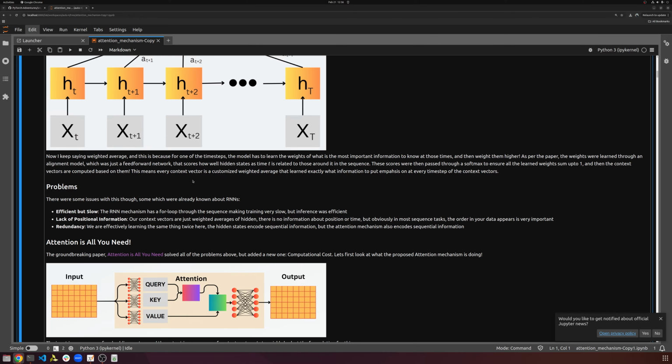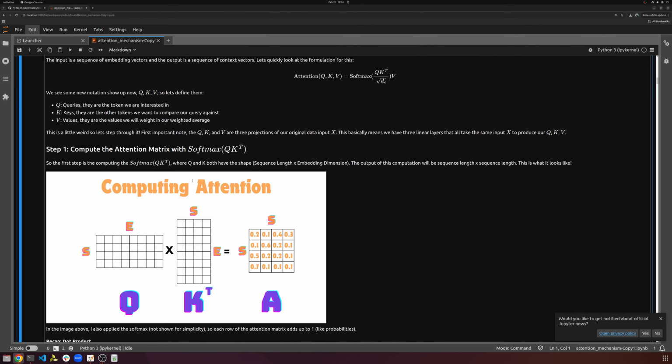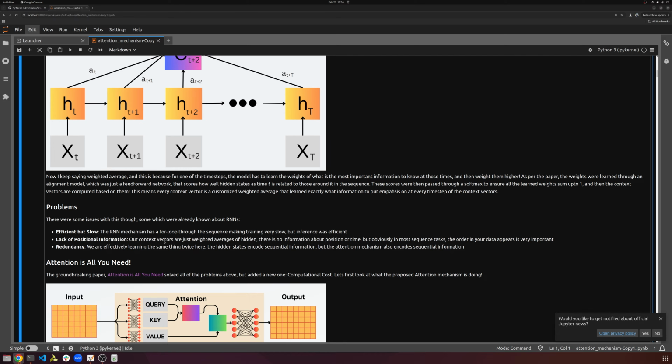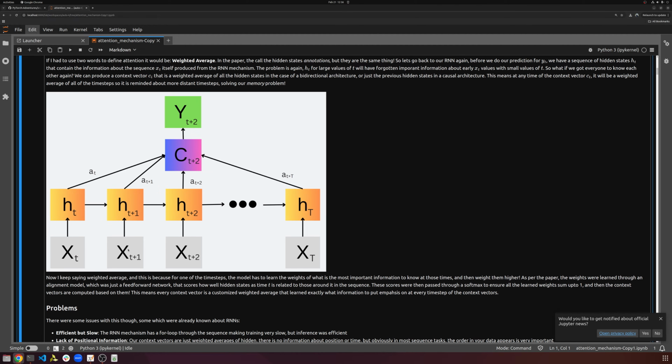But for now, what I want to mention here is, why is the paper called Attention Is All You Need? The realization is this: we are actually doing the same thing twice. We are first learning a recurrent neural network on our inputs of x's.